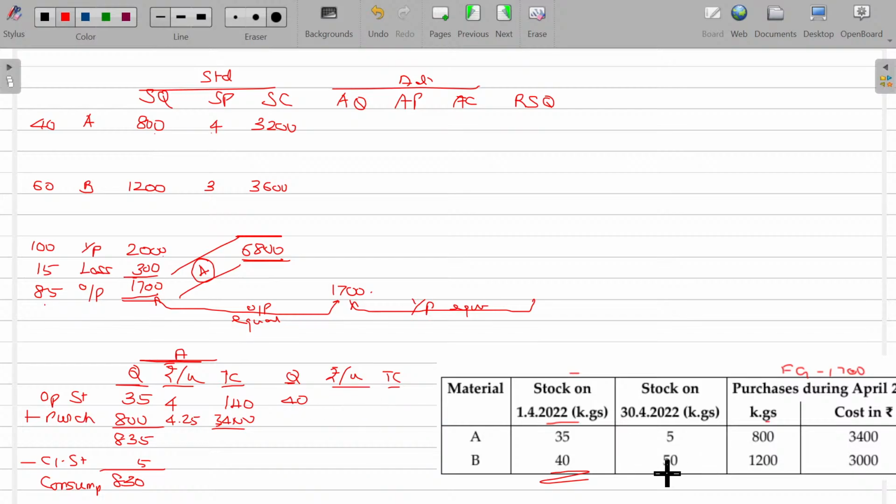Opening stock 40, closing stock 50 and newly purchased item 1200 units with the total cost being 3000. 1200 plus 40, 1240 minus 50, 1190. 3000 rupees for 1200 units means per unit cost is 2.5. Opening price is missing, then you can take the standard price for the opening stock, which is 3 rupees. 120. Is that clear?